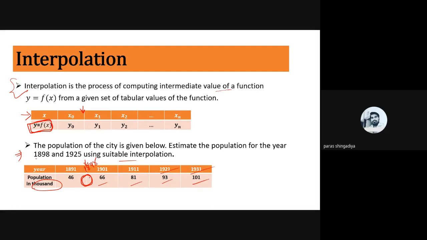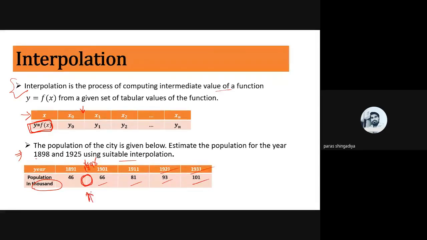You have to predict the answer without calculating the population again, without repeating the procedure of calculating the population growth and so on. So how can we find this output? Here we can apply interpolation theory to predict this answer.